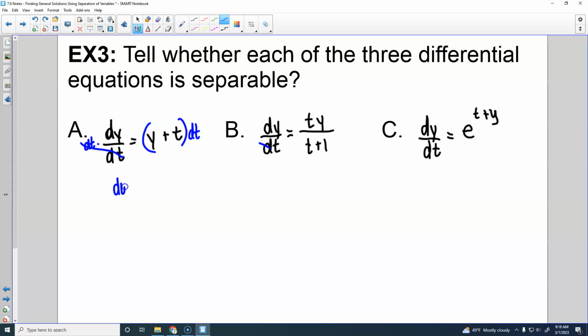So that would give us dy equals, notice I put parentheses around this, they must be there. Can we get rid of that y? So these parentheses are important. I would have to distribute this dt, so I'd have dy equals y dt plus t dt. I could subtract that y over to the other side, but if I do, the dt has to go with it.